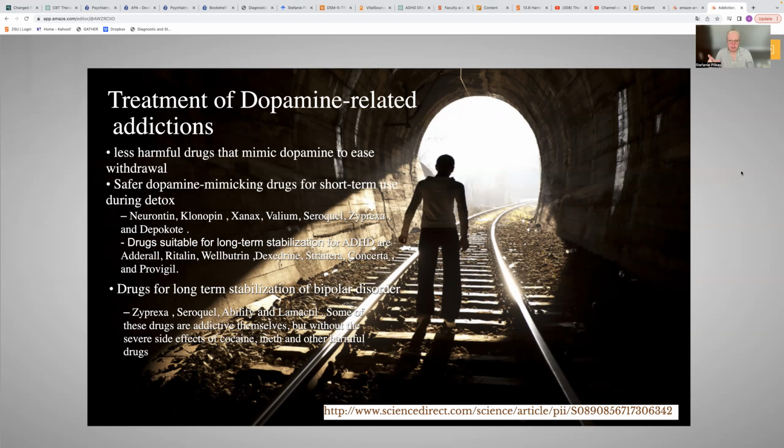Because if we don't treat the long-term consequence of a dysregulation of the neurotransmitter, then relapse is likely. In fact, I wouldn't even just say likely, I would say probable.